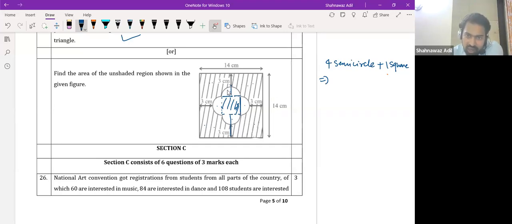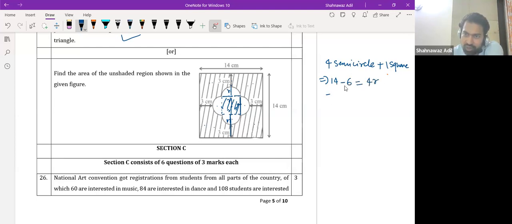So let's say this is R, and from here to here, this is R. This is R, and this is 4. So 14 minus 6, 3 and 3. This would be 4R.